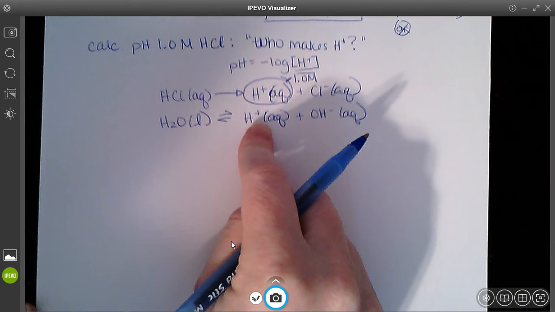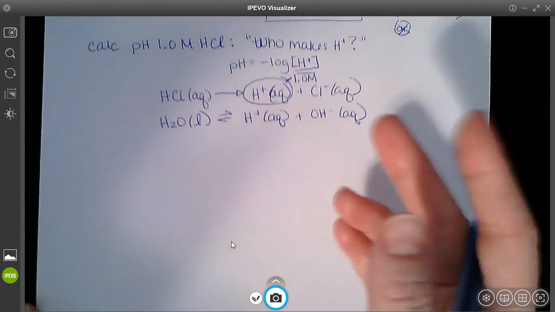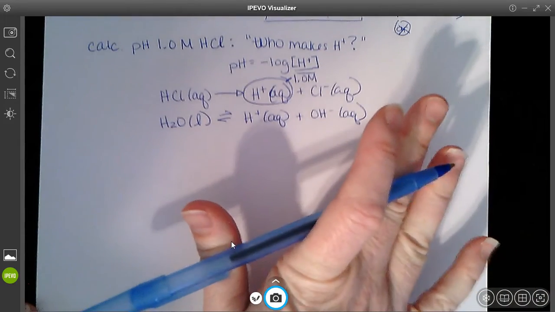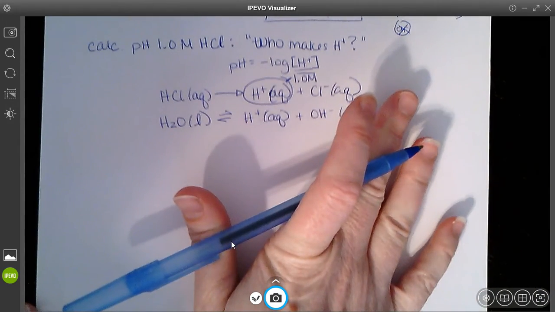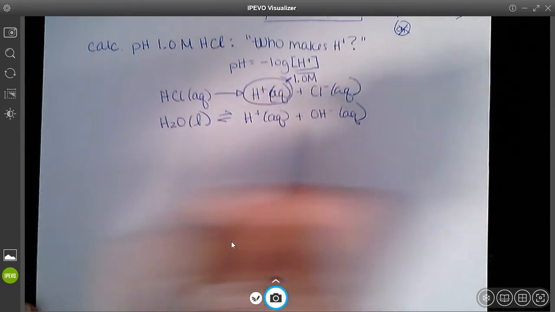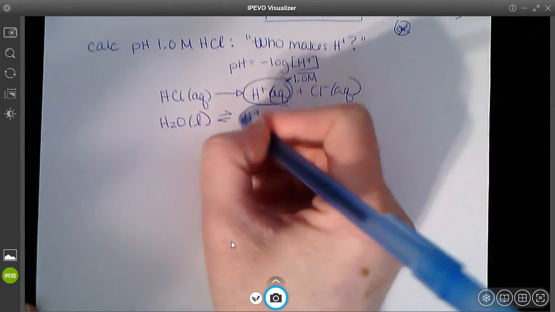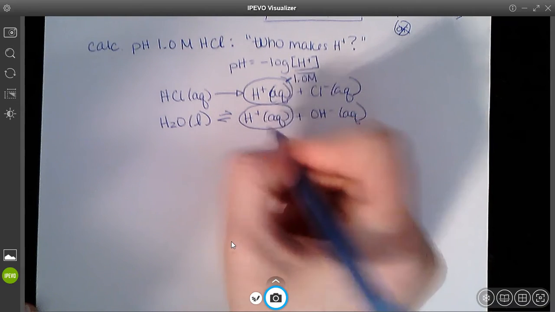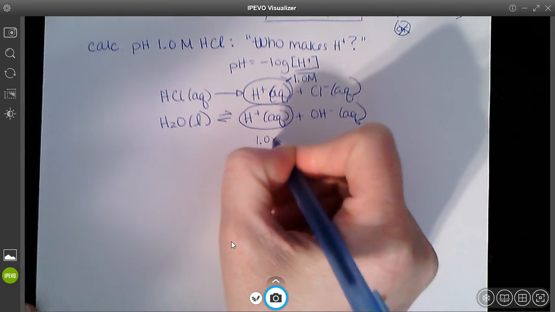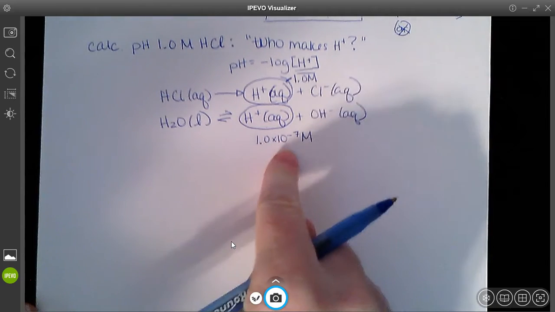Also, we're going to assume that this is at 25 degrees Celsius, even though I didn't say it. Unless I give another temperature, or the AP exam, or any chemistry teacher gives another temperature, you always assume 25 degrees Celsius for any water dissociation situation. So we know that this is going to be 1.0 times 10 to the negative 7th molar, because we've memorized that.